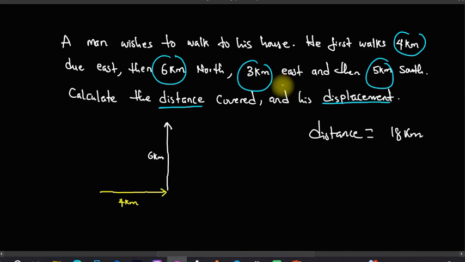And then 3 kilometers to the east. Okay, that's too long for 3 kilometers. 3 kilometers to the east, and then 5 kilometers south. So we have to come down 5 kilometers south.